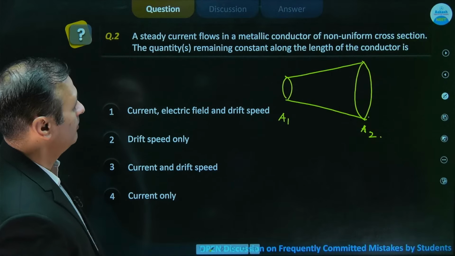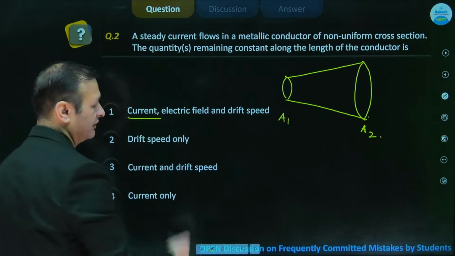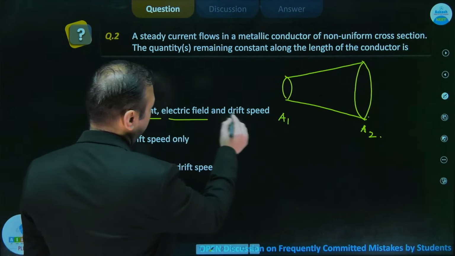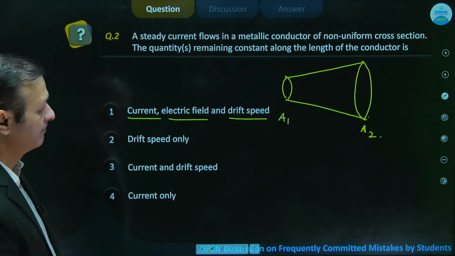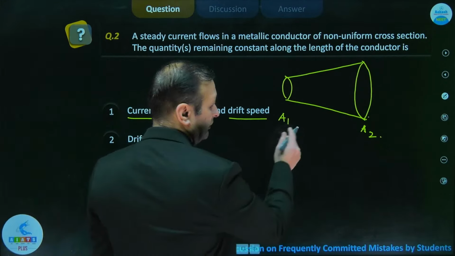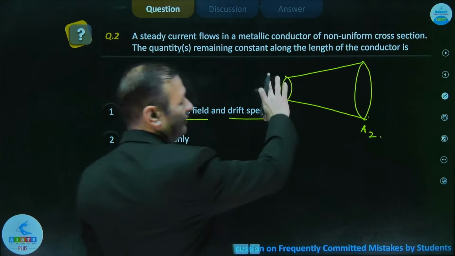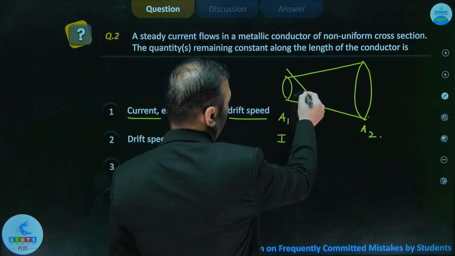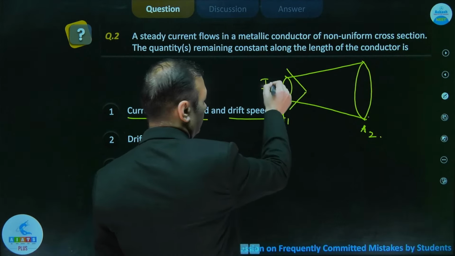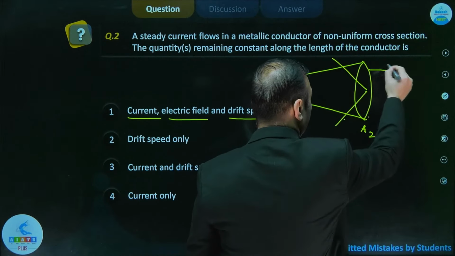Now we have to comment on certain parameters: current, electric field, drift speed. Current, because this is the same conductor, whatever current you allow at this point, the same current will be observed at this point.